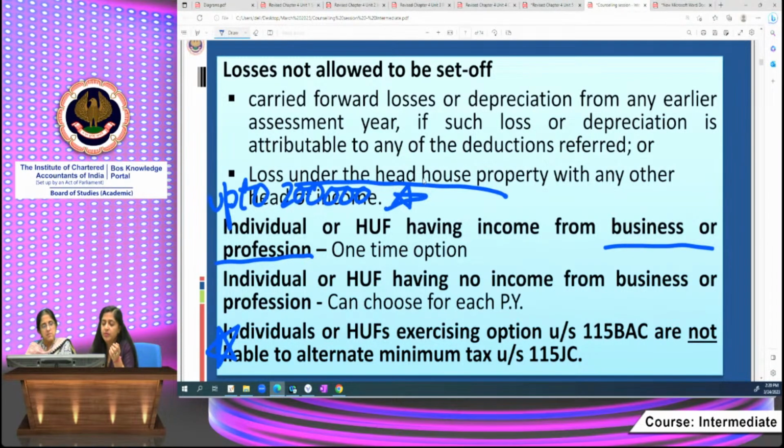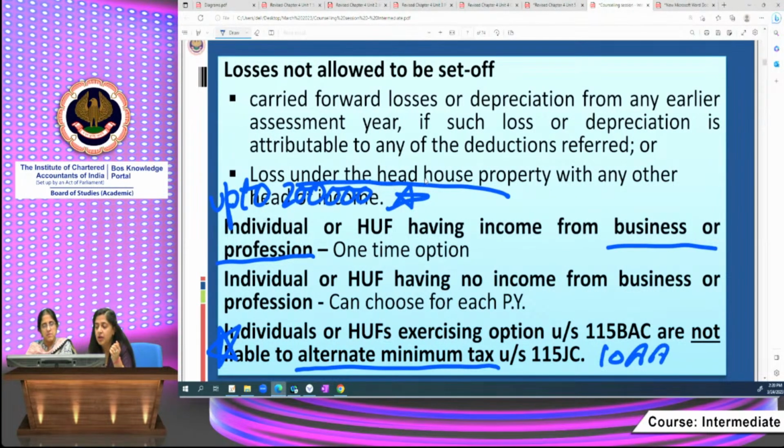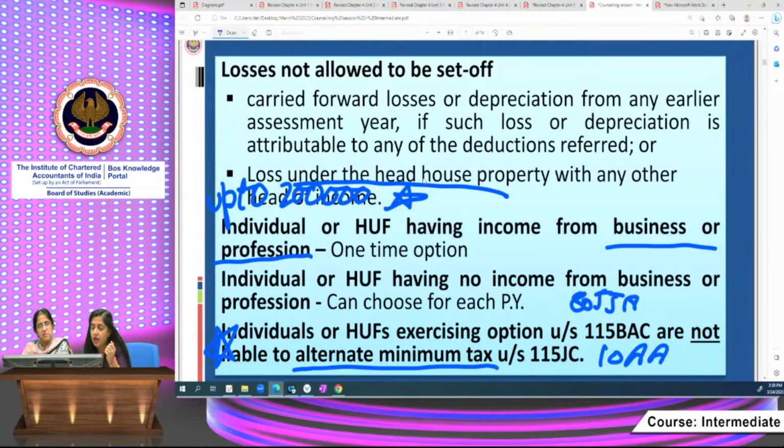Basically, alternate minimum tax comes into the picture when you have a 10AA deduction, 80JJAA, and so on. I'm talking about the intermediate level. There are other deductions or profit-linked deductions also, but as far as the intermediate level is concerned, I am discussing only the relevant sections: 80JJAA, 80LA, 80QQB, 35 and 35AD.